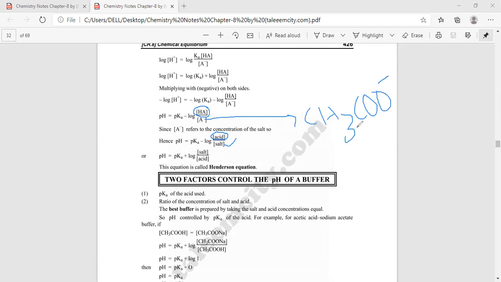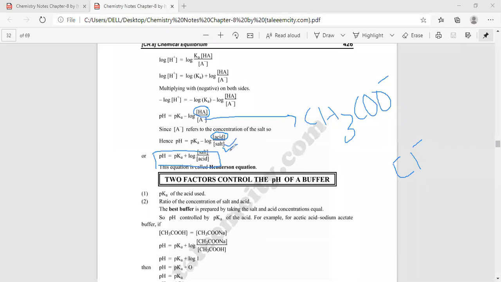Clear? This is all about the Henderson's equation. So you have to practice this. pH equals pKa plus log of salt at the numerator and acid at the denominator. When there is a negative, then acid at the numerator and salt in the denominator.